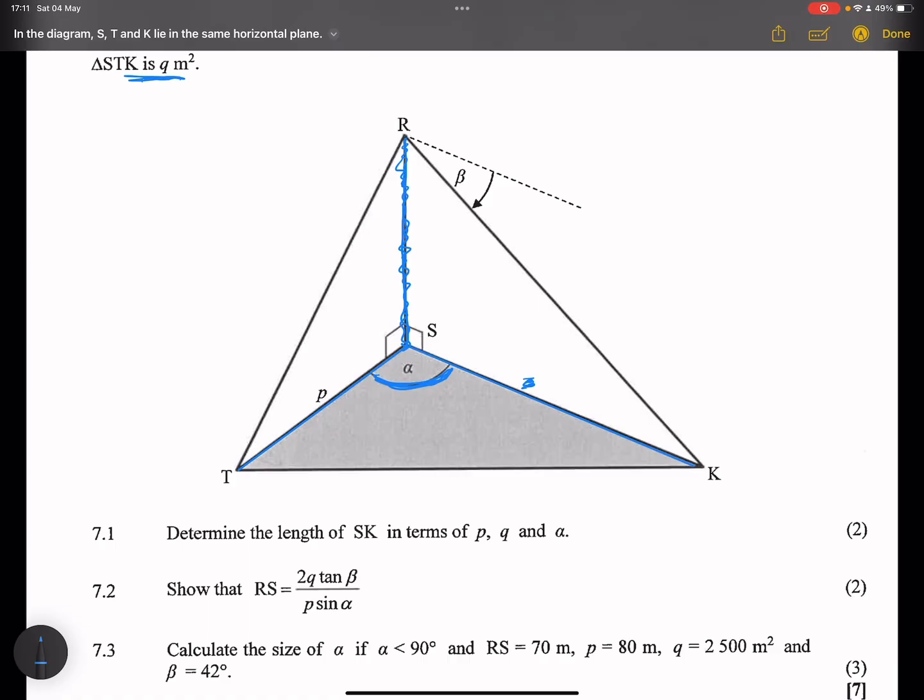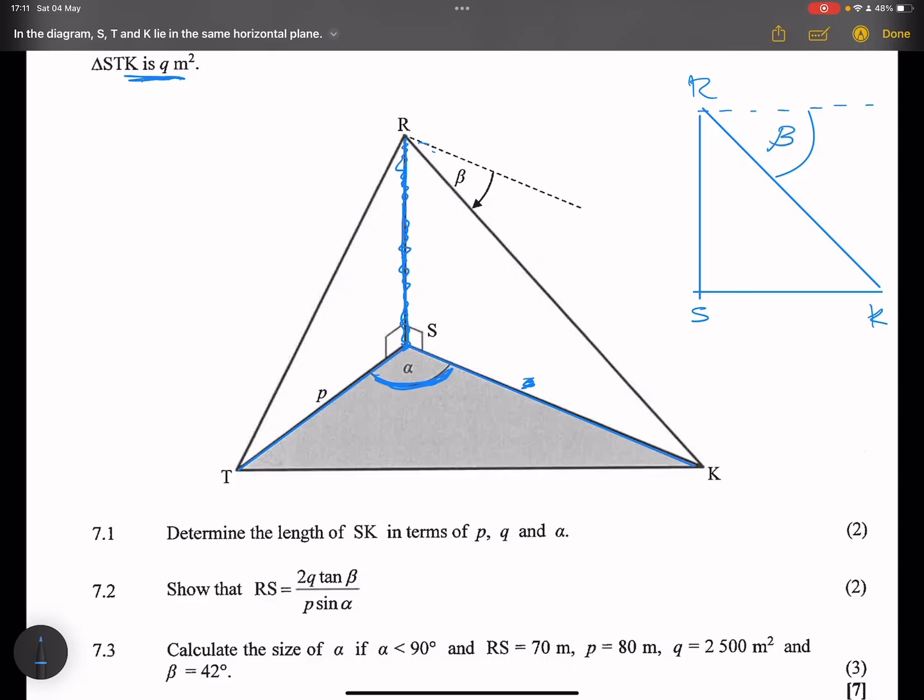Now, ladies and gents, I want you to please note this angle of depression. Remember that this angle over here is a horizontal line. So if I were to try and draw a 2D image of that triangle, it looks like this. This would be R, this would be S, and this would be K. What they've given you there is the angle of depression, which is beta.